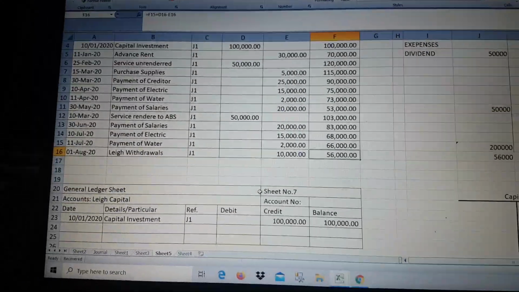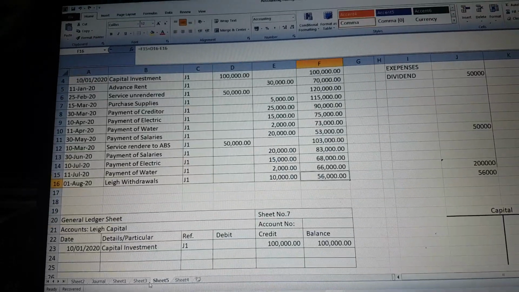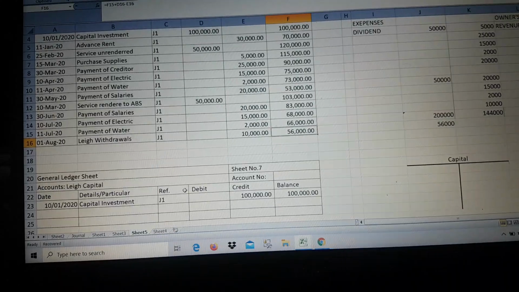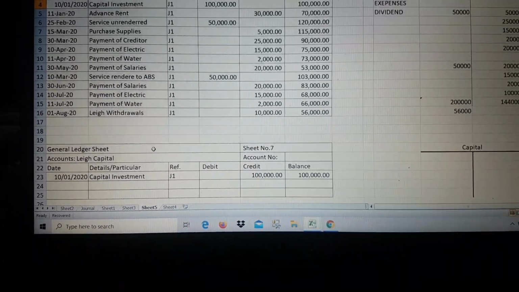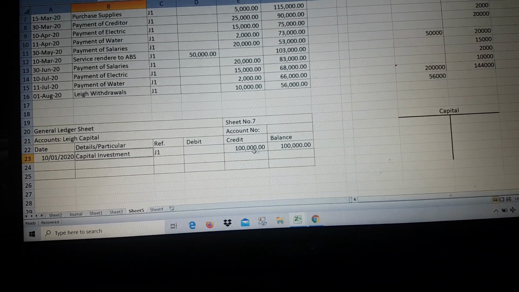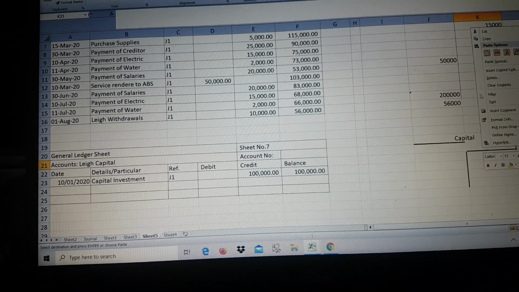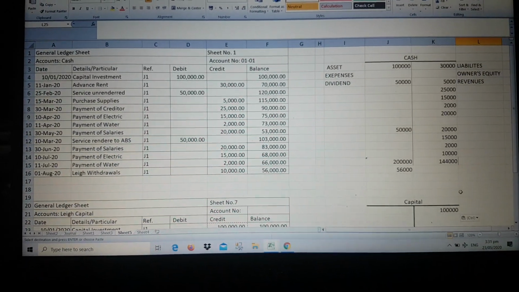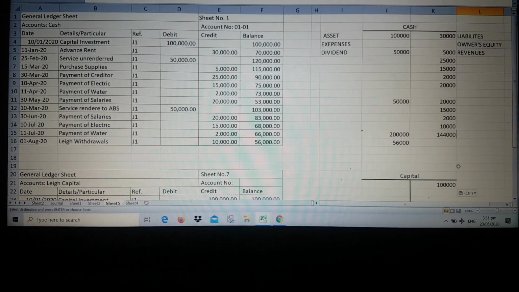For example, in our group before, we have investment in capital by Lay. So we have the cash, and the other affected account is capital. See, this one is credit, so we put it on our credit side. So if you see, the T accounts and the ledger are almost the same.